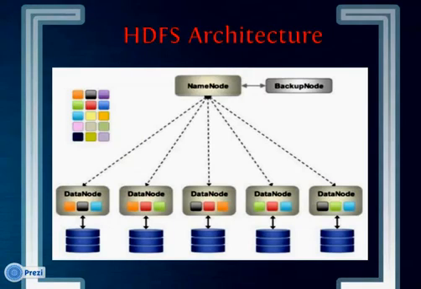You can have a look at this diagram. We have a block which says name node. Till now we were using the terms master machine and slave machine, but technically in Hadoop terminology there is no concept of master and slave.